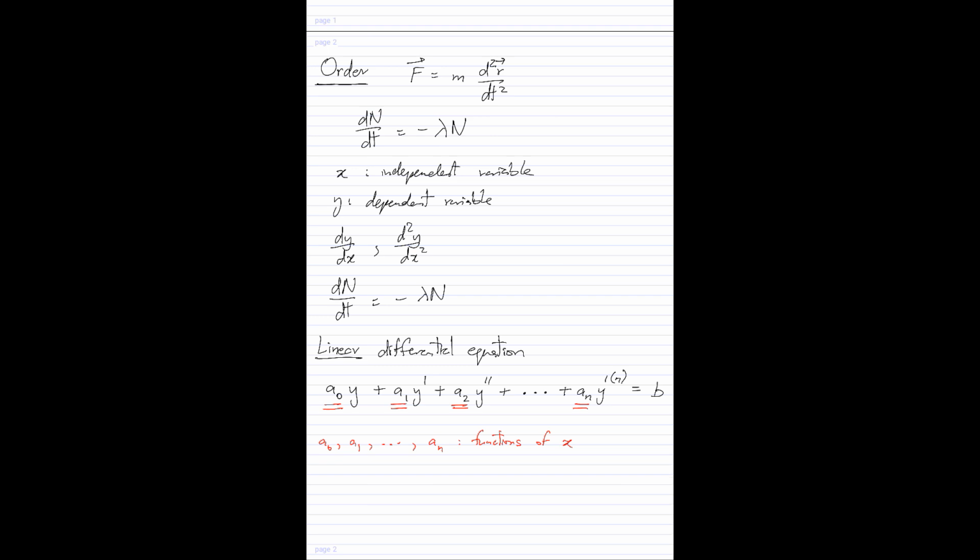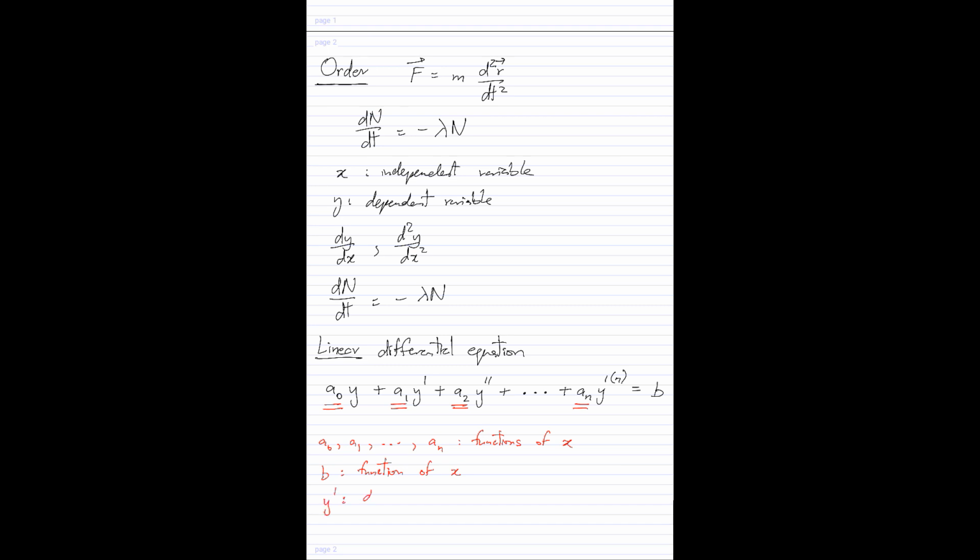They don't contain any y. Okay, they can be constants. Okay, b is also a function of x. It can be a constant but not a function of y.